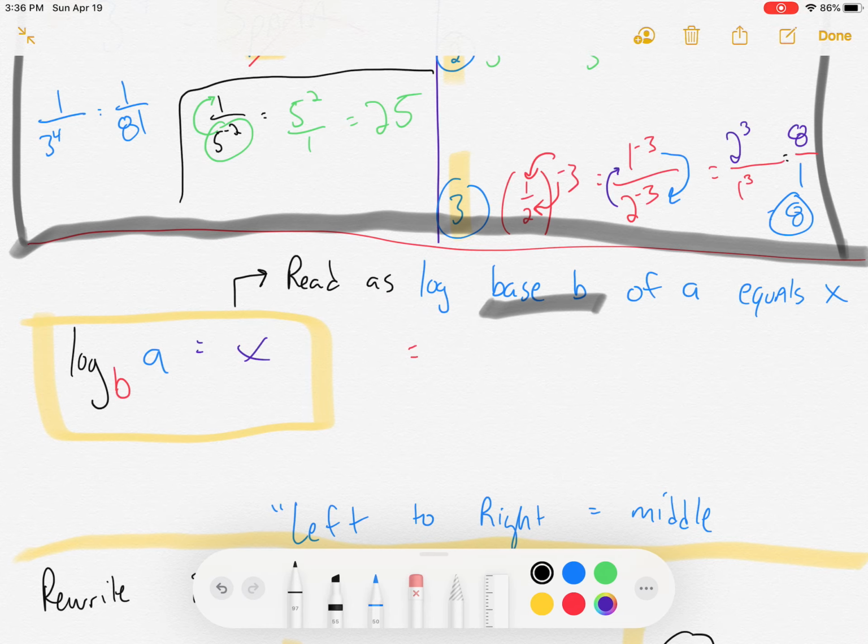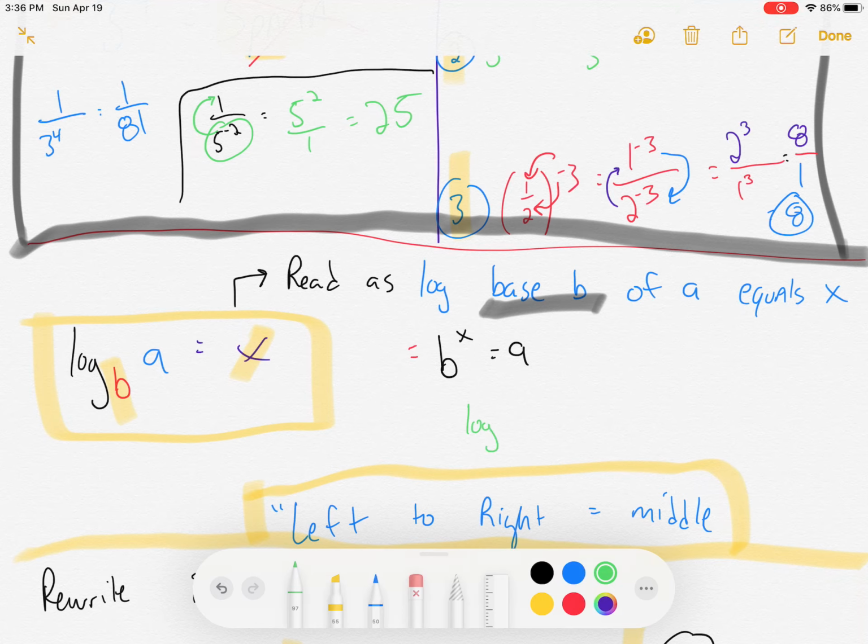Another way to rewrite this from log form to exponential form is b to the x power equals a. I have this little shortcut highlighted down here. It's the thing on the left, which is b, to the right power, b to the x power, equals the middle, equals a. B left to right equals middle.